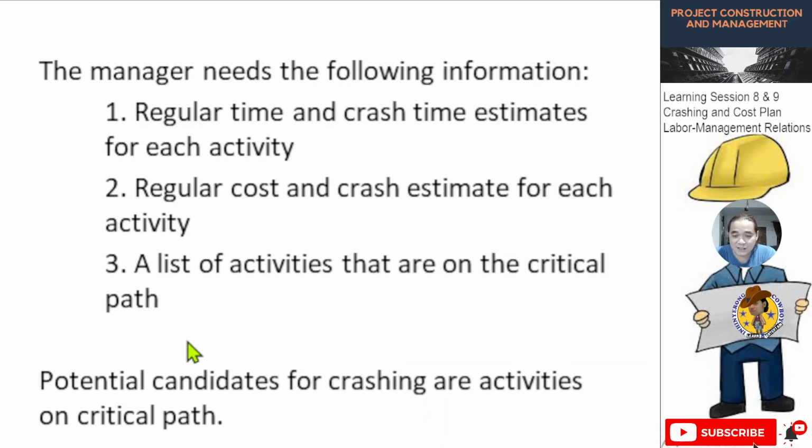Potential candidates for crashing are activities on the critical path. Remember that the critical path is the longest path, meaning it controls your project duration. This path is the control, so the best potential candidate for crashing is that path.